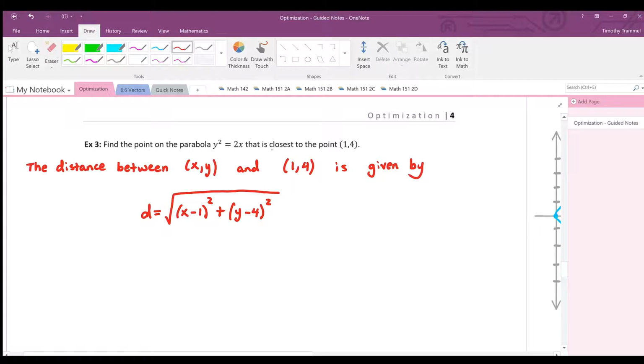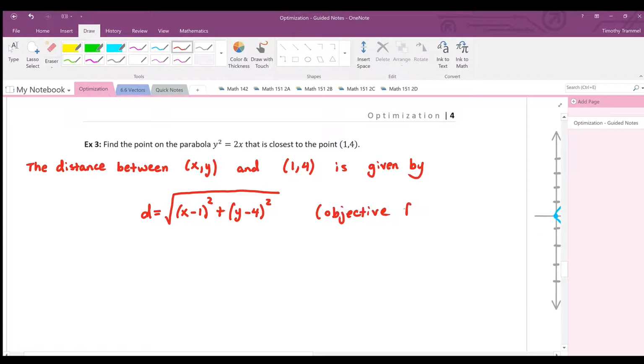We want to find the point that's closest to (1, 4), but that's also on the curve y squared equals 2x. We haven't incorporated the y squared equals 2x in here yet. So this is our objective function, but we still need to reduce it by a variable.